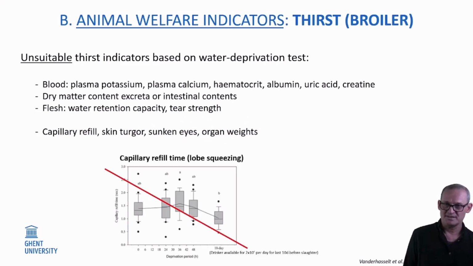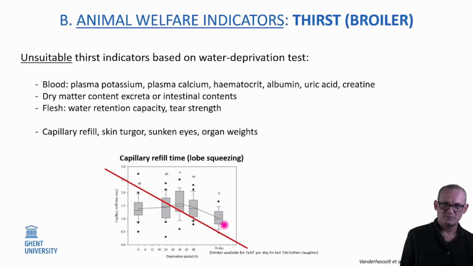As illustrated in this graph, you see the capillary refill time depending on how long they have been dehydrated, up to 48 hours. Even after 48 hours of dehydration, there was no statistical difference from animals that had not been subjected to a dehydration period.